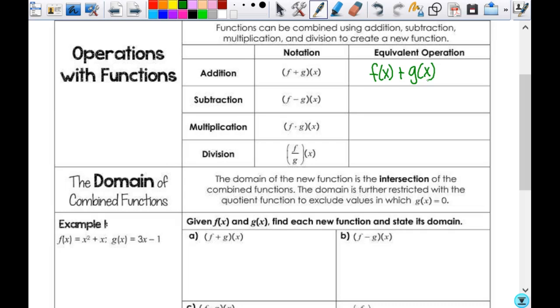And then f of x minus g of x is the same as f minus g of x. When you multiply them, this is like a little dot in between them here. This would be like f of x times g of x. And then we have f over g of x. So that would be like f of x over g of x.